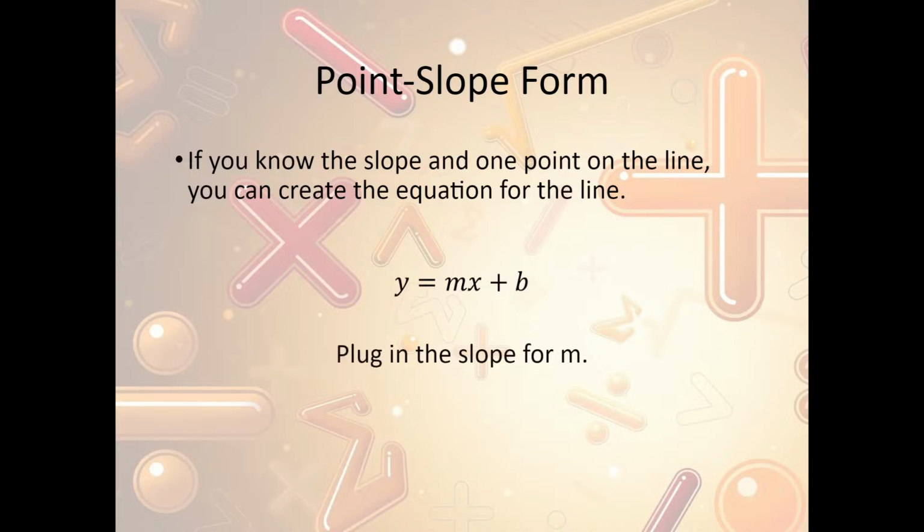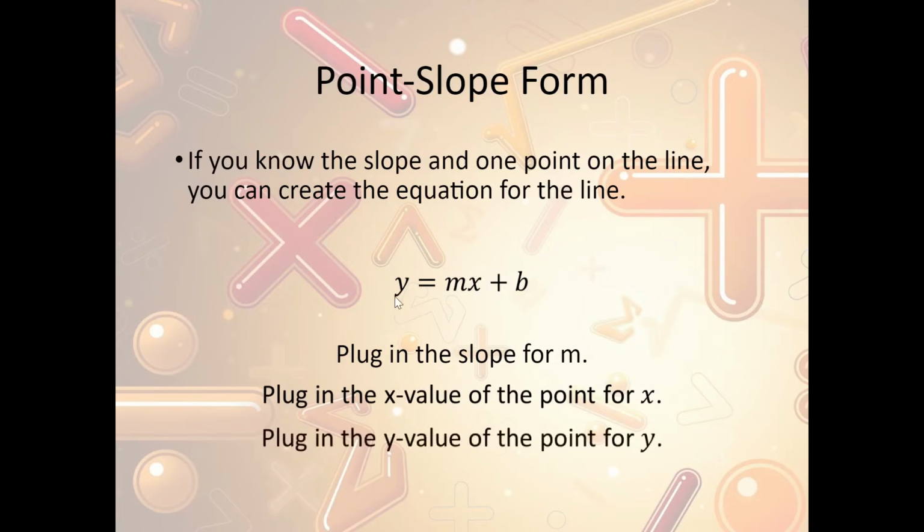So whatever slope is given to us, we plug that in for m. We plug in the x value of the coordinate. So we're given some ordered pair, and we plug in the x part here, and we plug in the y coordinate here, and now we're left with only one variable, which is b, and we can solve for b and get the y-intercept.